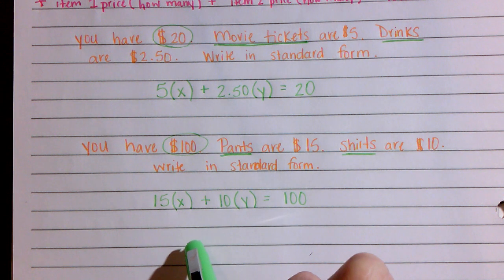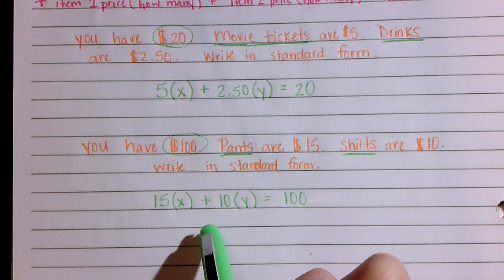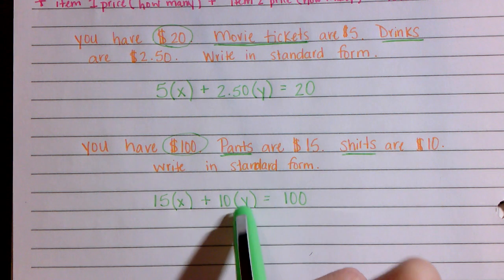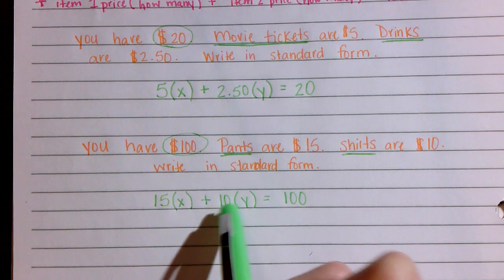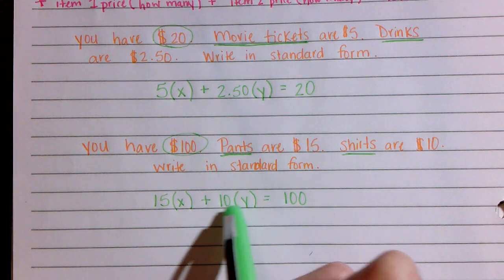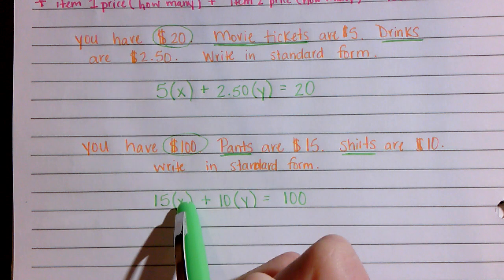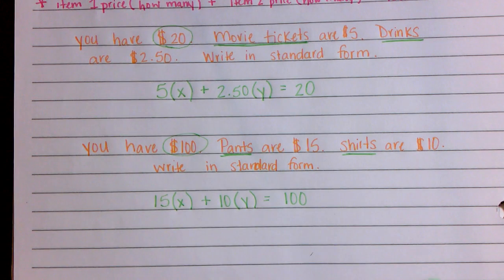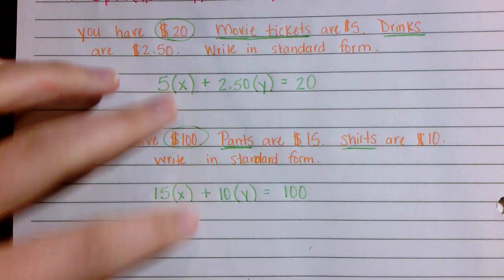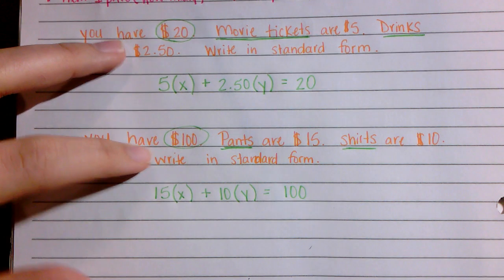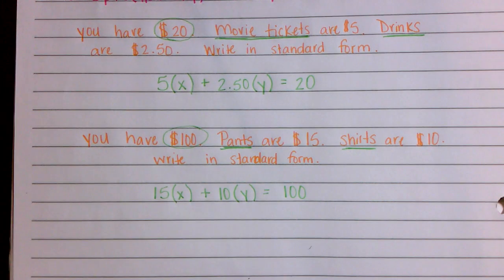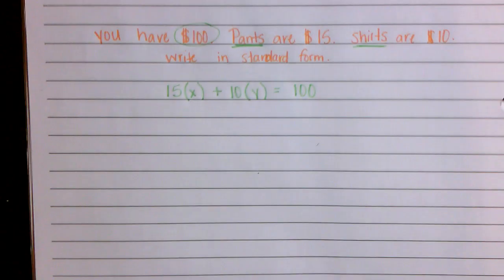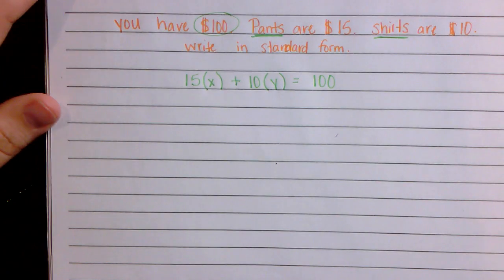What if I wanted to buy 7 shirts? Well, 7 times 10 is $70. So how many pants can I buy if they're $15 a piece? So you can use these equations to help you solve them. So we're going to do that for this last one. So that is how we set them up from the word problems that are given, how we set them up in standard form. And now I'm going to show you how you actually solve using your standard equation.